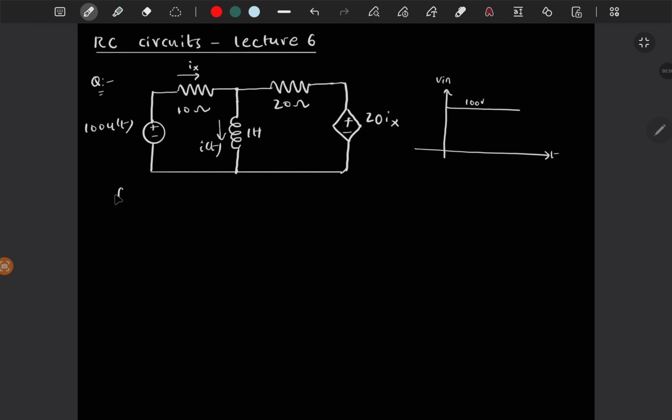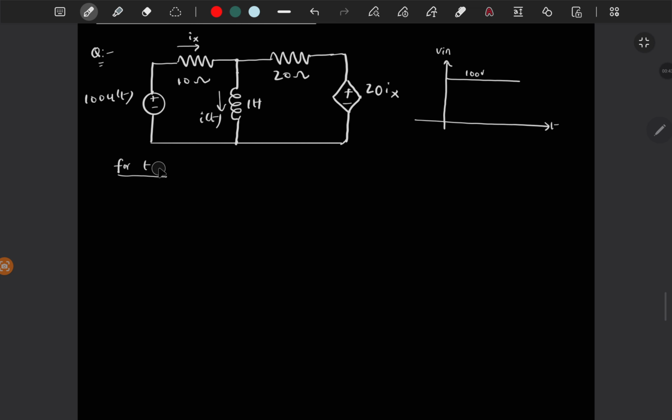Let's say at t is equal to 0 plus, then the circuit looks like this. The inductor does not allow the sudden change of current, so this will be open circuited, and we have one dependent voltage source.